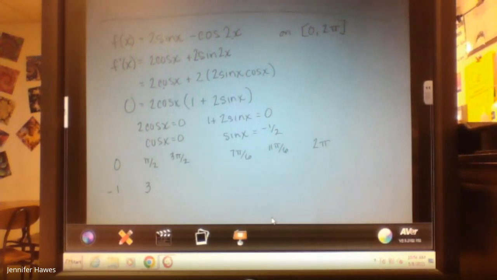Oh, I have them in a different order on my thing than they have them right there. Okay. Is 7 pi over 6 also negative 1.5?